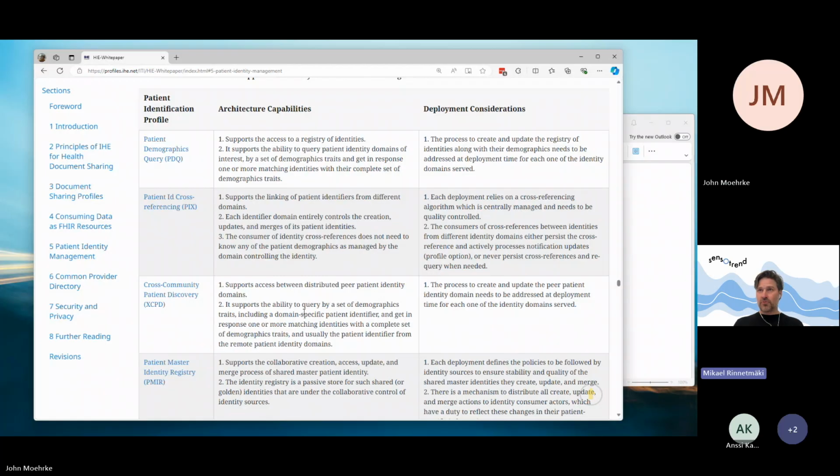So do you want to talk shortly about the XCPD? What's its origin? Is it V2, V3? Yeah, XCPD is unfortunately HL7 V3 based. So one of the problems we're coming up against now is how do we maintain it? But it's such a very, very focused profiling of HL7 V3.